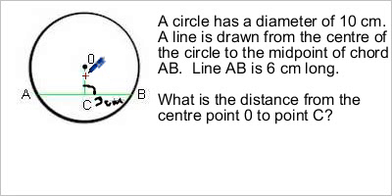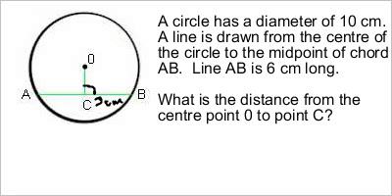Now we're asked to find this distance here, and we're given one other piece of information, and that's the diameter of the circle. So the diameter is going to go all the way across the circle, and it's 10 centimeters. So that means that the radius, halfway across, is 5 centimeters. And we can draw a radius from the middle of the circle to any point on the circle.